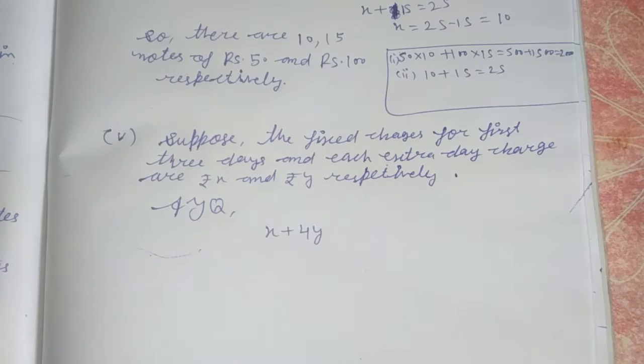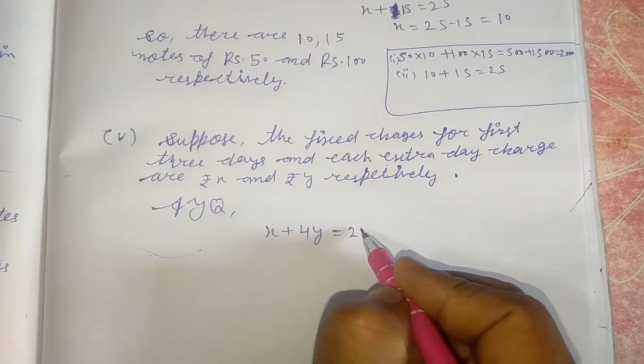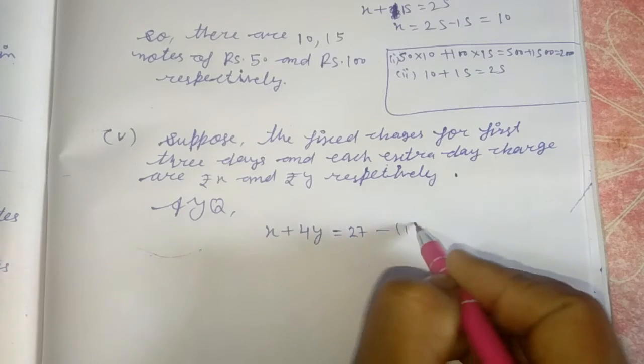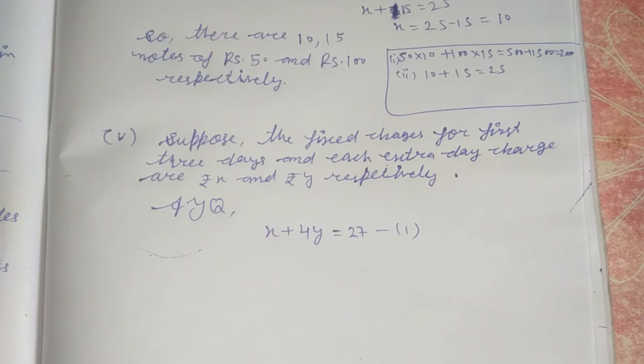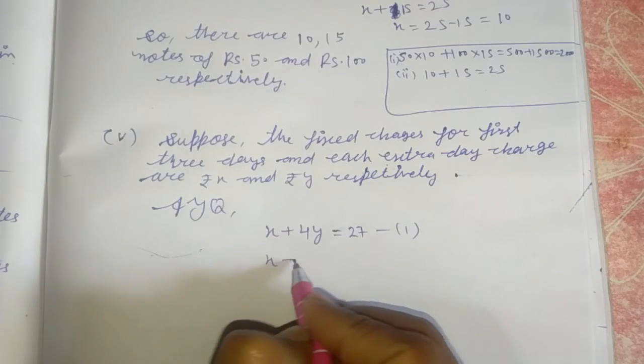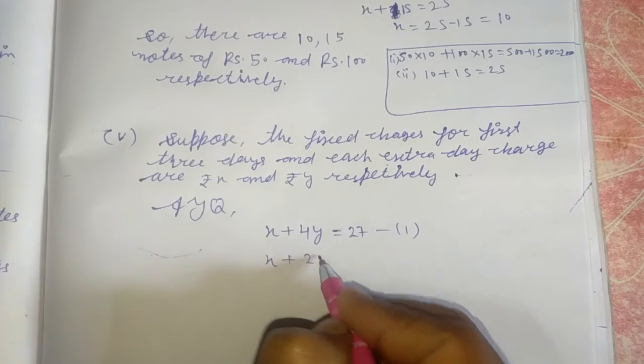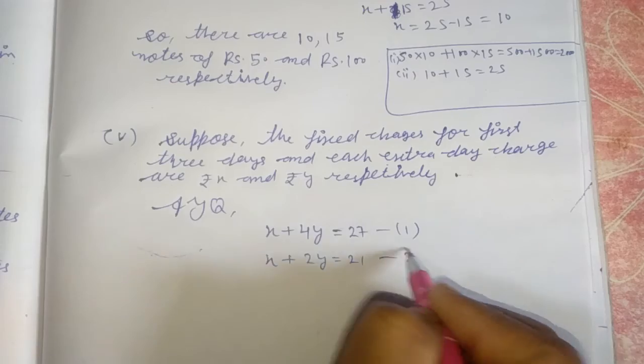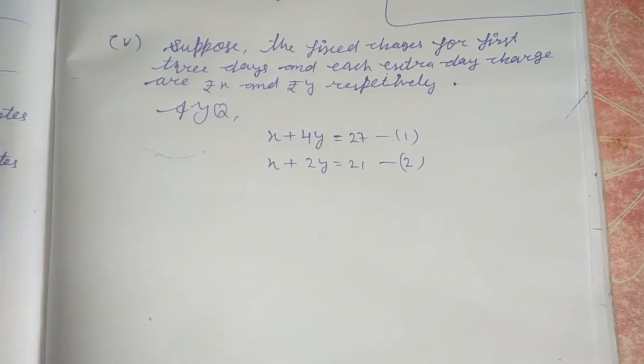Additional charge for 1 day is y rupees, therefore 4 days will be 4y rupees, and x. So x plus 4y is equal to 27, equation 1. Also for second condition, Susie paid 21 rupees for the book she kept for 5 days, means for 3 days will be x rupees and the remaining 2 days will be 2y, is equal to 21. Equation 2. Okay, now solve.